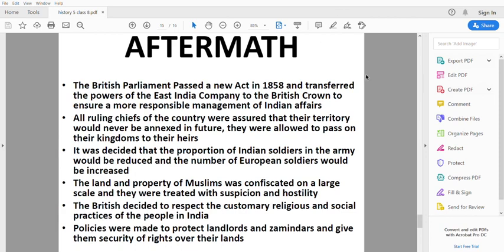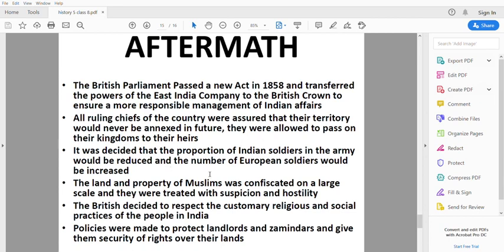The Queen would directly control the administration of our country. All the ruling chiefs of the country were assured that their territory would never be annexed in future, and they were allowed to pass on their kingdoms to their heirs. It was decided that the proportion of Indian soldiers in the army would be reduced and the number of European soldiers increased.